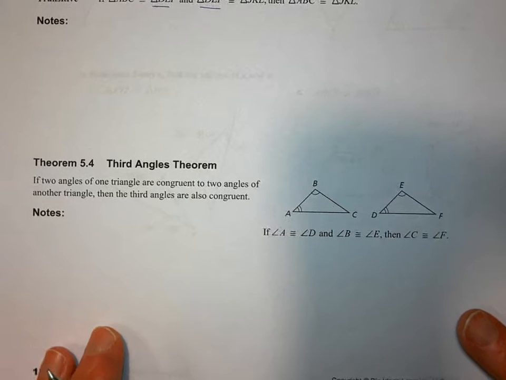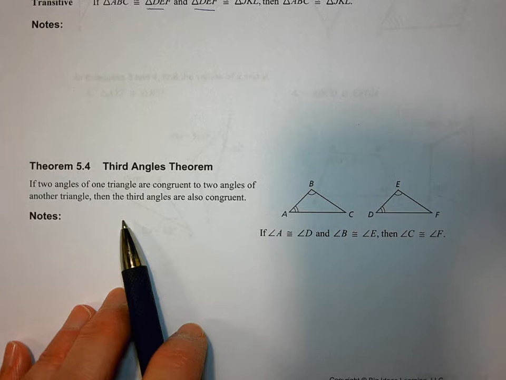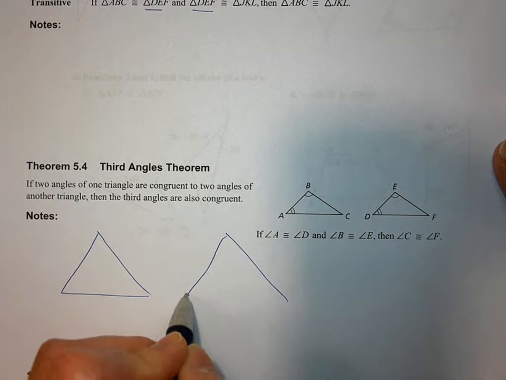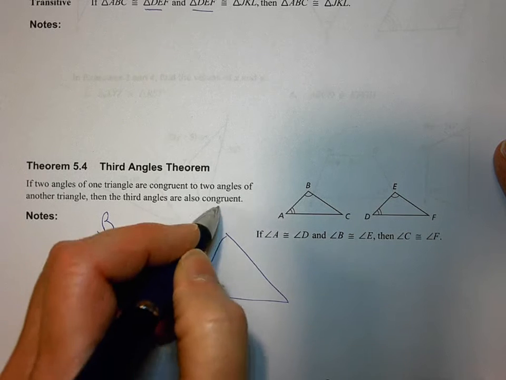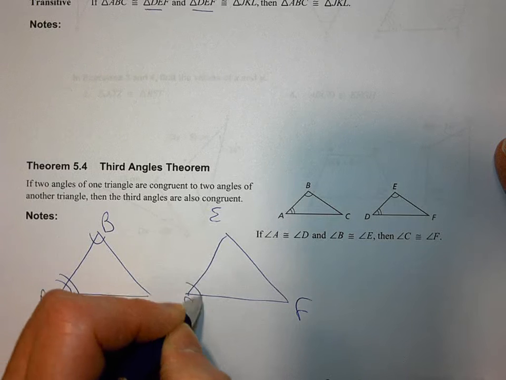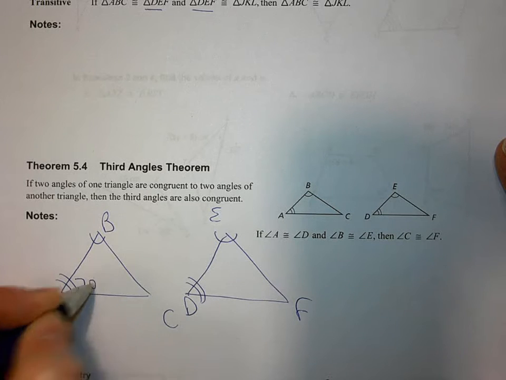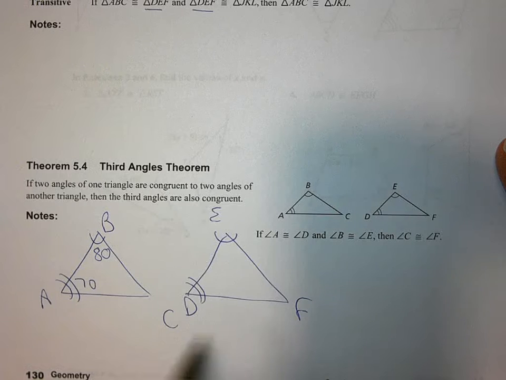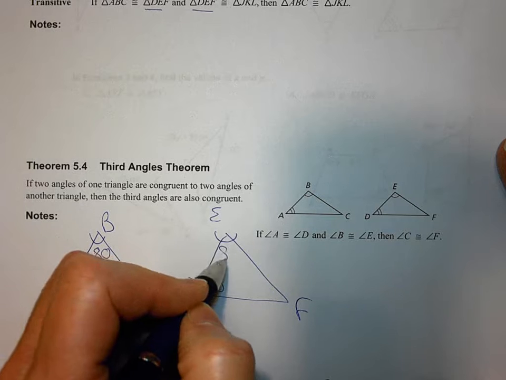Okay, next is theorem 5.4. It says if two angles of one triangle are congruent to two angles of another, then the third angles are also congruent. So if we have two congruent triangles, ABC and DEF, and we know that A is the same as D and B is the same as E, for instance, I could put 70 in angle A and 80 in angle B. That means because of the congruencies, angle D is also 70 and angle E is also 80.